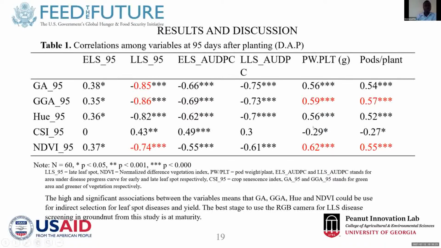So this means that this parameter, NDVI, indirectly can be used to phenotype peanut when it comes to yield components.